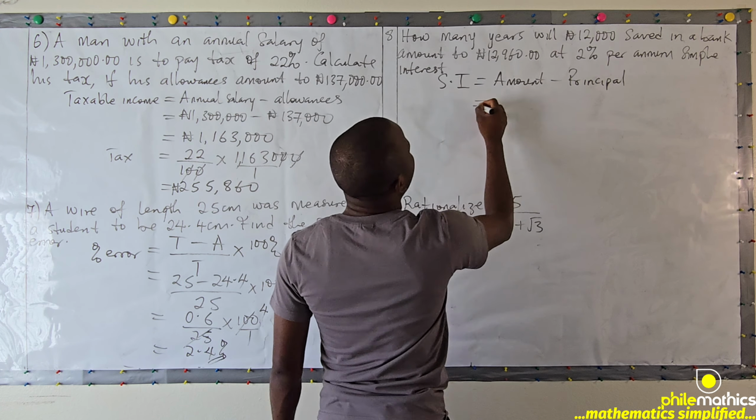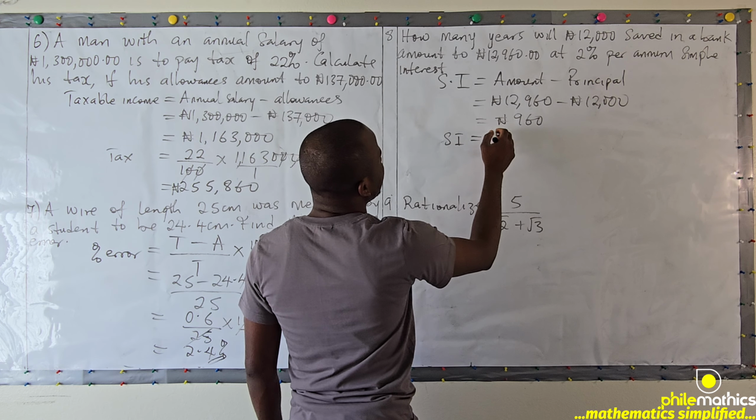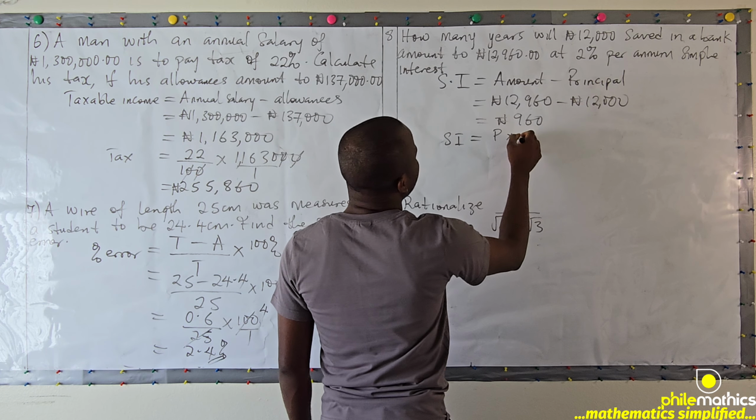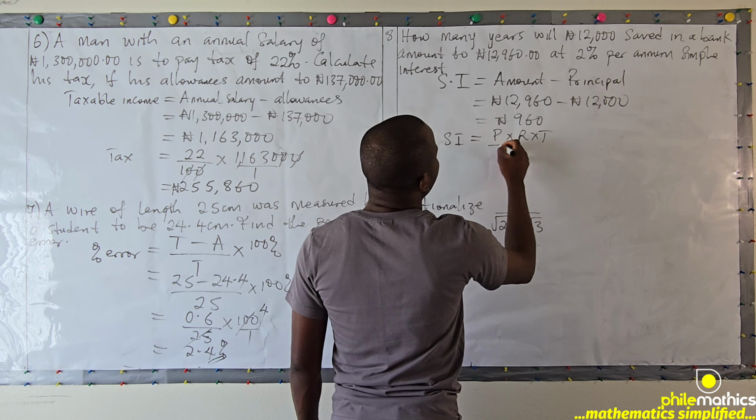Now, we're looking for the time. We recall that simple interest is principal times rate times time over 100. And so, for us to get time, time is simply 100 times simple interest over principal times rate.